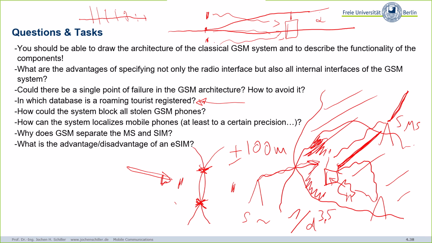Only the big ones have their contracts, and then it works only there. But you can, for example, use a smartphone and install different operators, which allows you, for example, to roam in the subway from one operator to another one to get a better data rate. So that works. You can use your eSIM there.